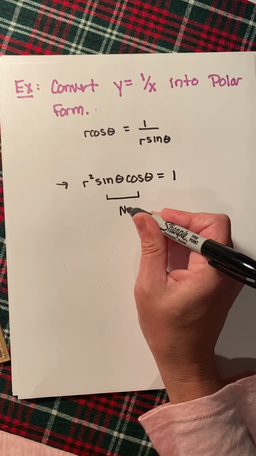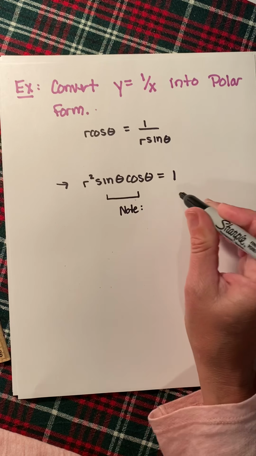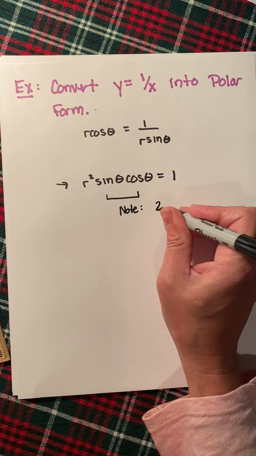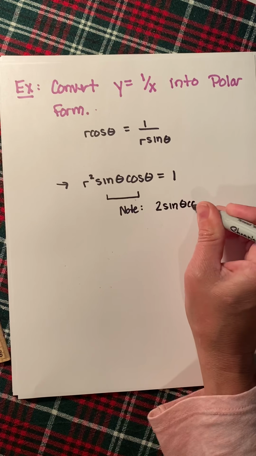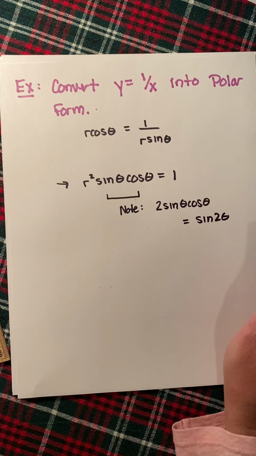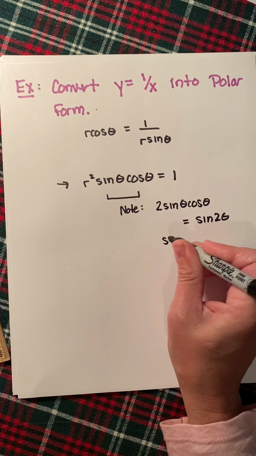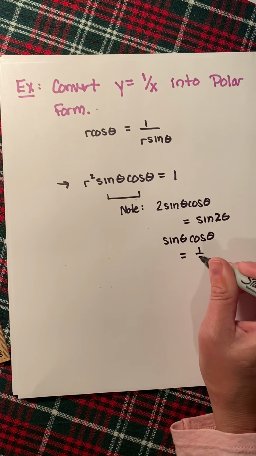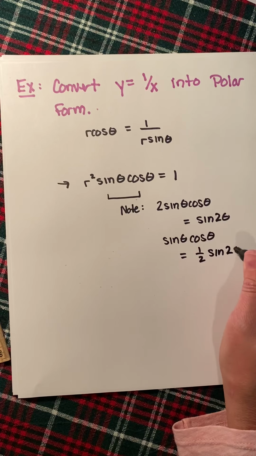what most books would do is they would say, keep in mind, we know what the sine of an angle times the cosine of an angle is. The sine of an angle times the cosine of an angle, we can condense into the sine of twice the angle. So if I just bring that 2 over to this side, we can rewrite the sine of theta cosine of theta as 1/2 the sine of 2 theta.